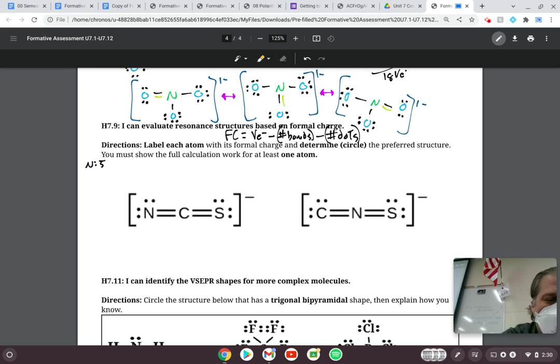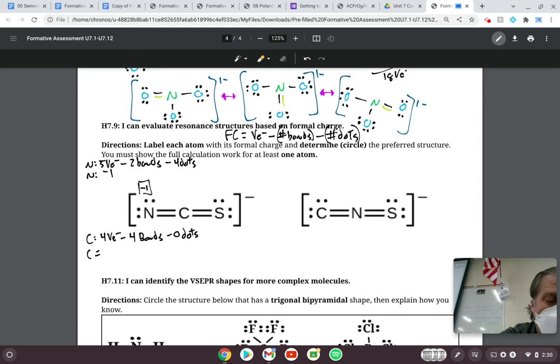Nitrogen has 5 valence electrons minus, it's participating in 2 bonds, minus 4 dots, right? So nitrogen is 5 minus 2, which is 3, minus 4, which is minus 1. So nitrogen is a minus 1. We then have carbon, which has 4 valence electrons minus 4 bonds minus 0 dots.